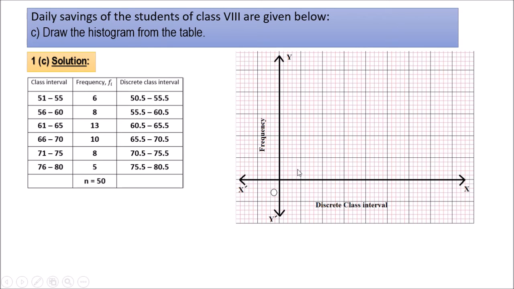That's why I said, small things you have to keep in mind, otherwise the examiner checking your copy may reduce some marks. So be very careful when you are drawing. I am using a black pen, but you have to use a pencil and scale.